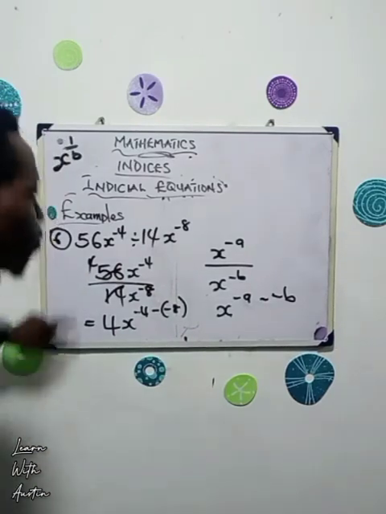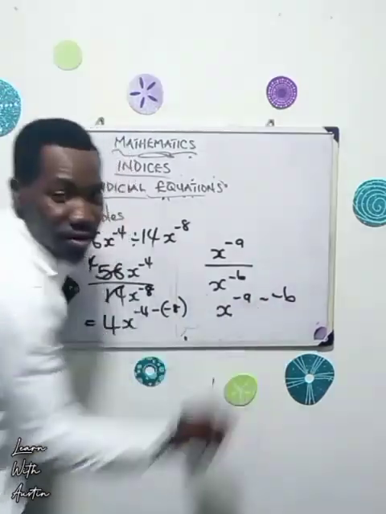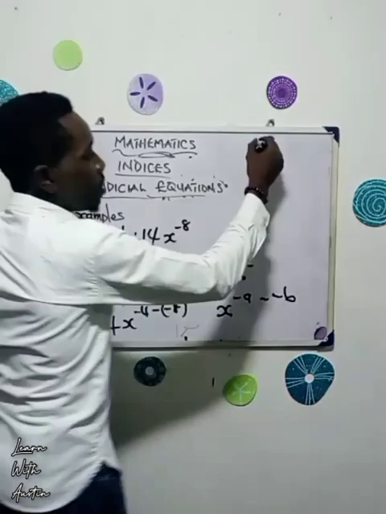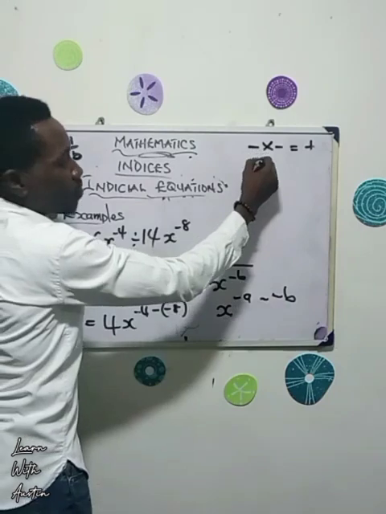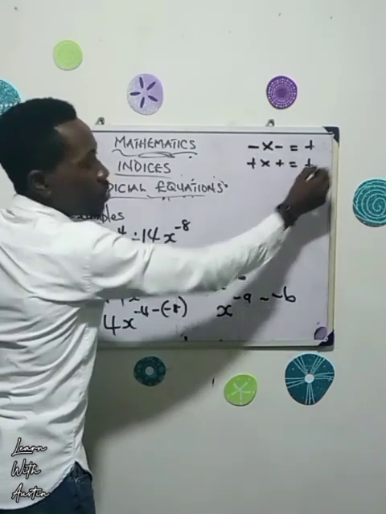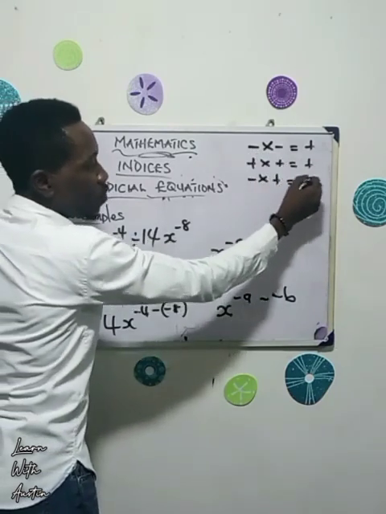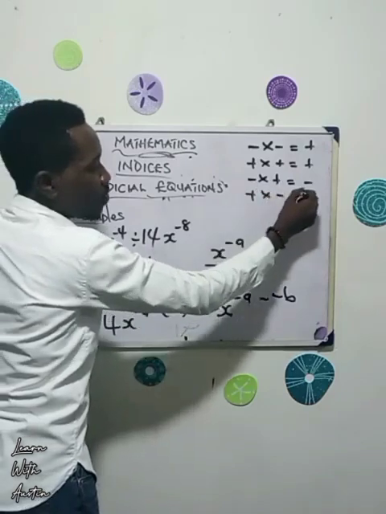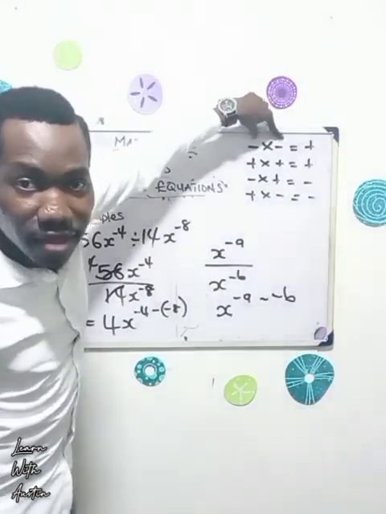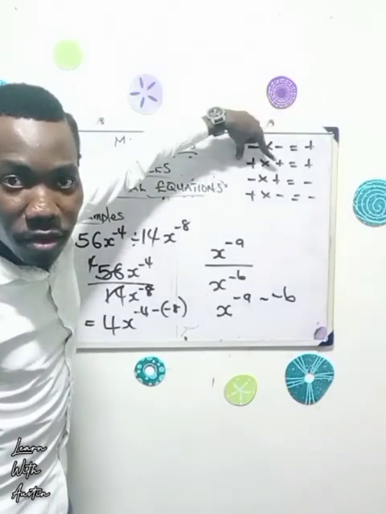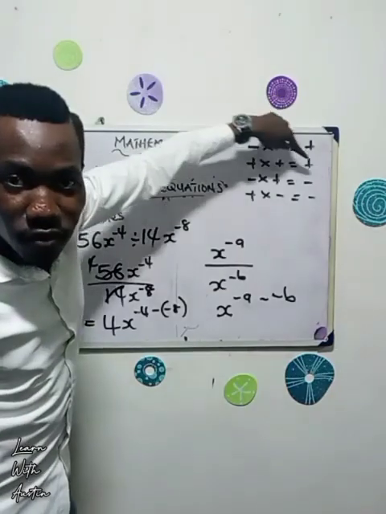Good, okay. So now, minus times minus, remember that minus times minus equals plus. Plus times plus equals plus. Minus times plus equals minus. And plus times minus equals minus. In other words, if you are multiplying two numbers that are negative, it will give you positive. If you are multiplying two positive numbers, it will give you positive.